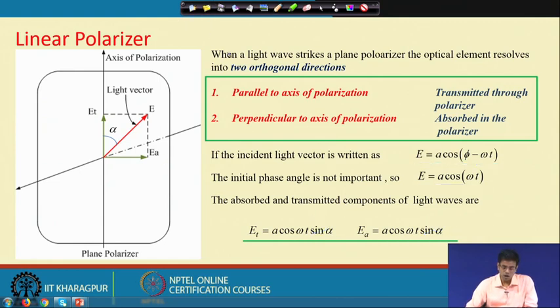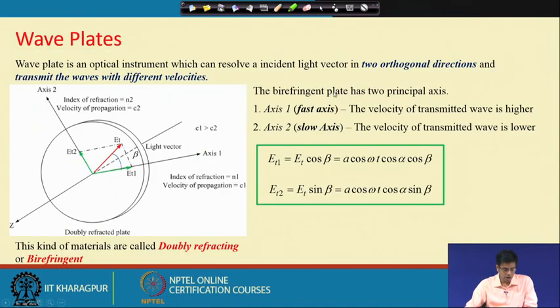Now, in case of a circular polariscope, again this is a doubly refracting plate, and this wave plate is an optical instrument which can resolve incident light into two orthogonal directions. This type of polariscope actually we use.